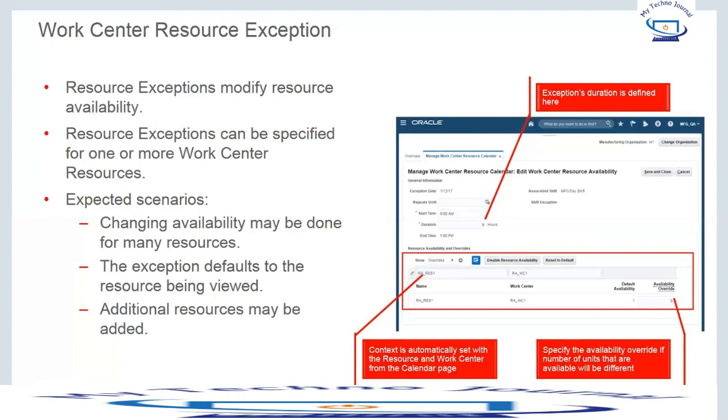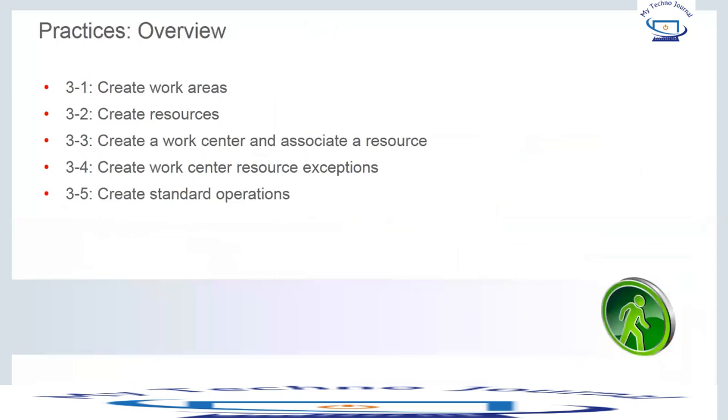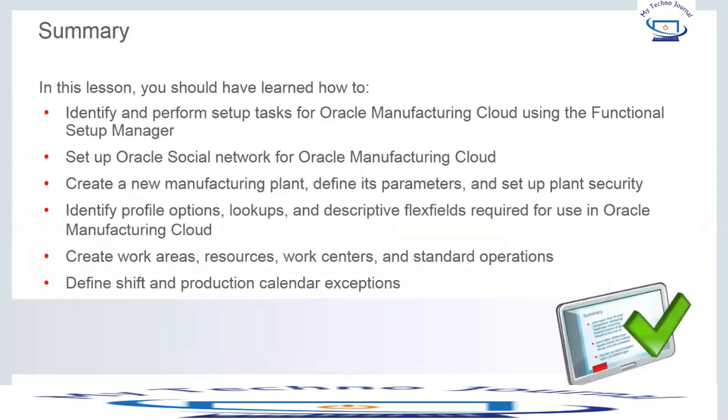And this exception will replace the availability inherited from the shift in the resource calendar as necessary. So accordingly you can put that. And these will all be considered while scheduling a particular work order. So all these exceptions, the resource exceptions and the calendar exceptions, will be considered.